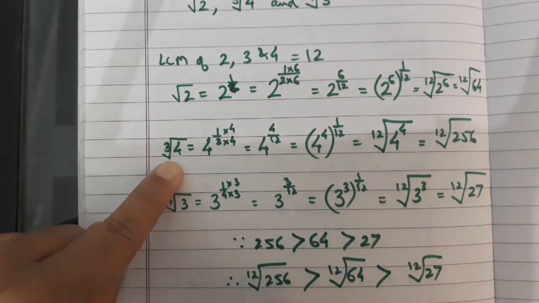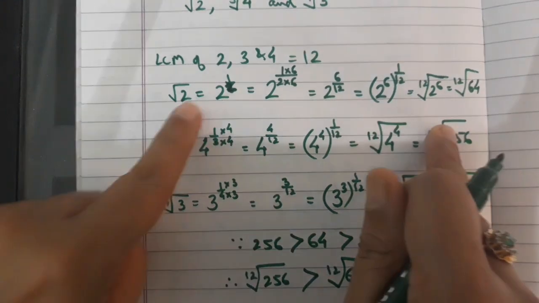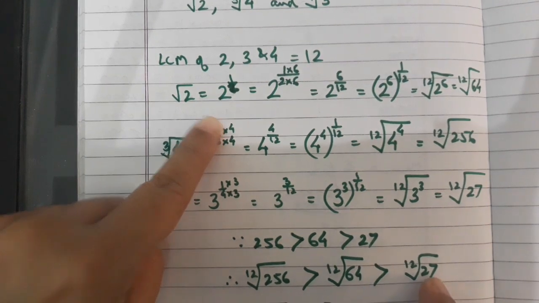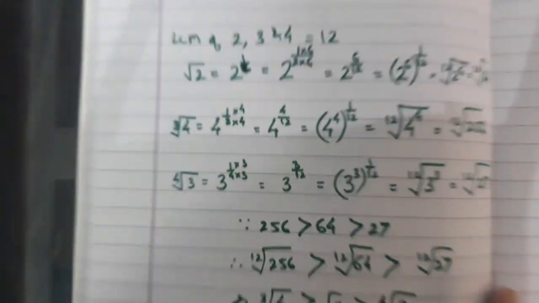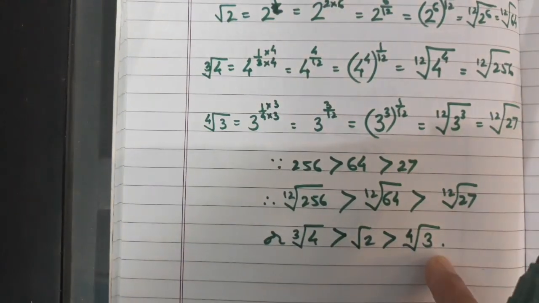It was cube root of 4. So cube root of 4 is greater than, and 12th root of 64 was square root 2. So this is greater than root 2 is greater than 12th root of 27, which was 4th root of 3. So we have arranged these numbers in descending order.